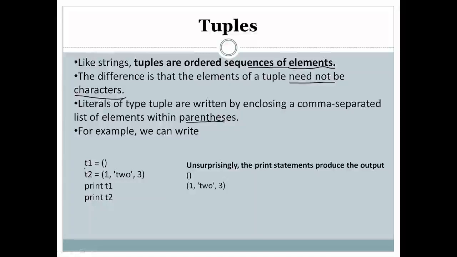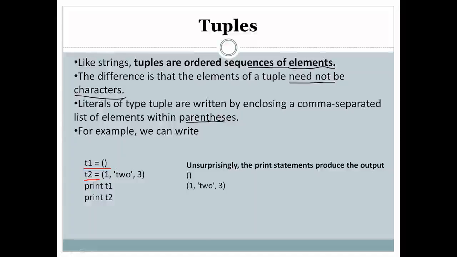Look at the first example: T1 is equal to round bracket open and round bracket close. Here we have created a tuple with no elements, nothing inside the brackets, so this is an empty tuple.